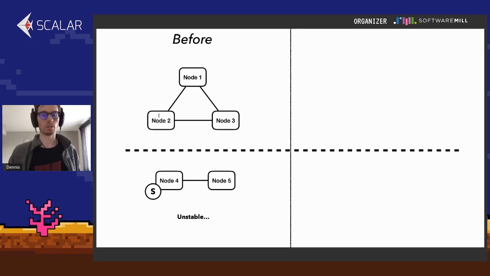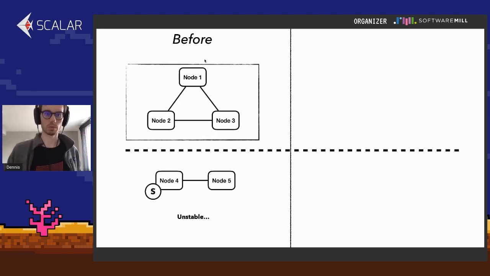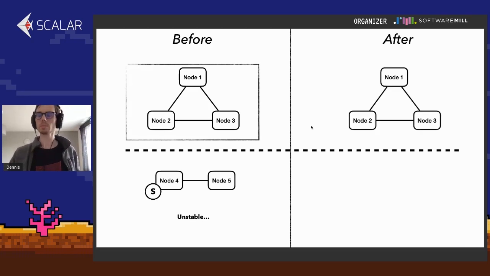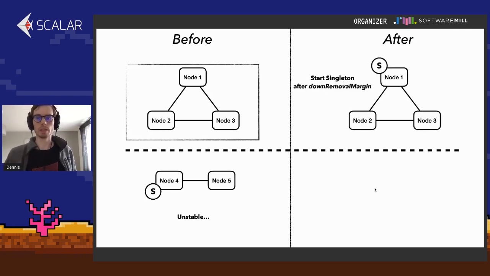Looking at their point of view, they will quickly reach that stability period. Here we're using keep majority. And they will decide to survive and down the unreachable nodes, forgetting about them. And then after some time, start up the singleton on their side and continue working.